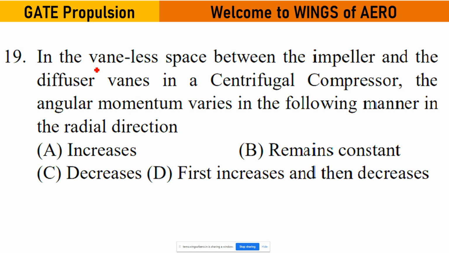The question is, in a vaneless space between an impeller and the diffuser vane in a centrifugal compressor, how does the angular momentum change? Whether it increases, remains constant, decreases, or first increases and then decreases.